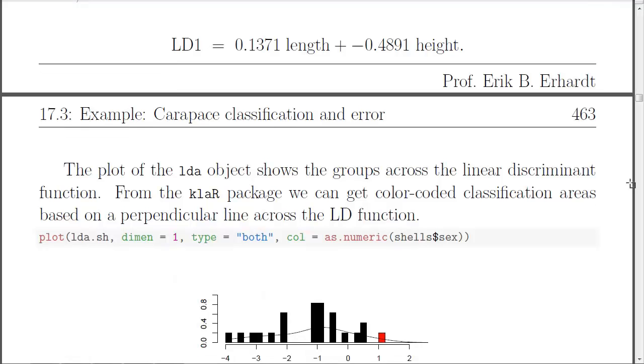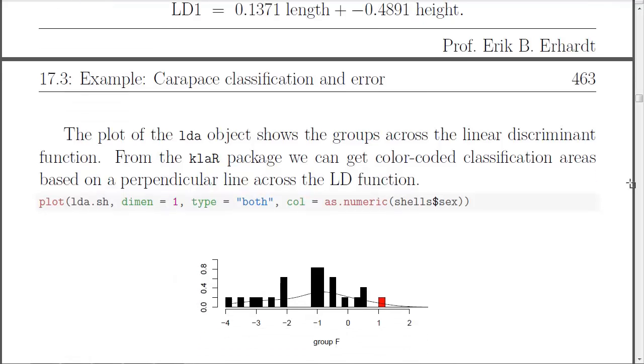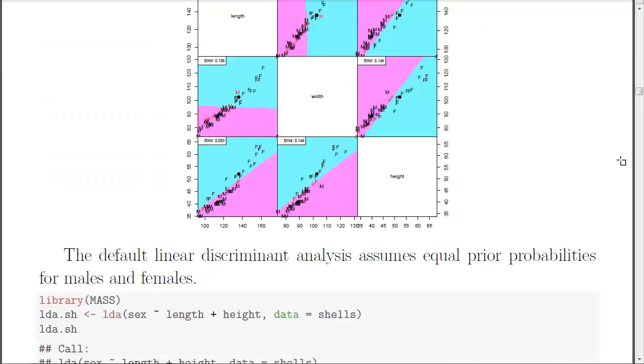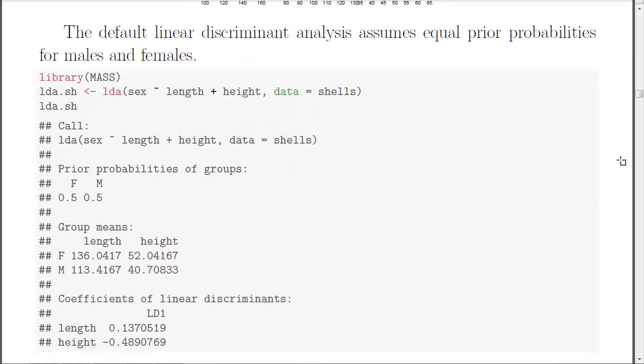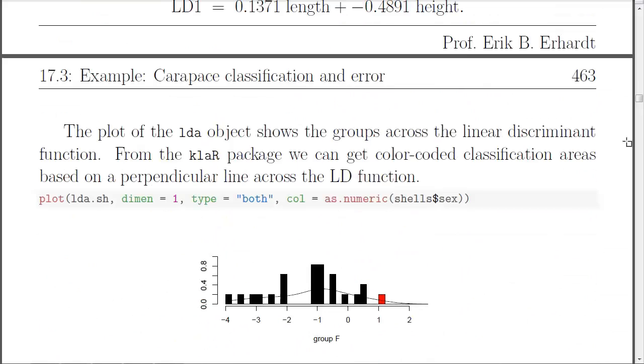Another way of looking at the output is in terms of the LDA.sh object. Let me scroll up for a moment. That's this last one we did with length and height. LDA.sh, the linear discriminant analysis for the shell data set.